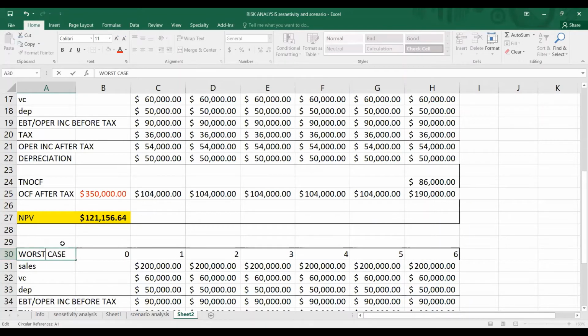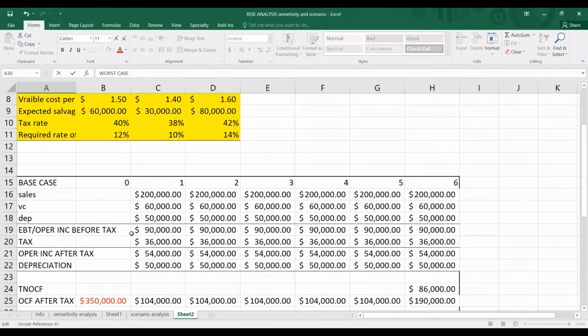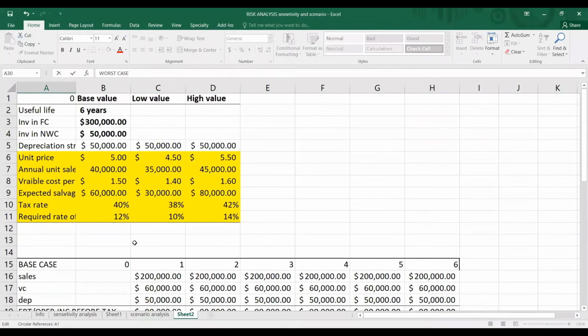We overestimate the cost and underestimate the profit. So we try to increase the cost to the maximum level, and we try to reduce the profit.